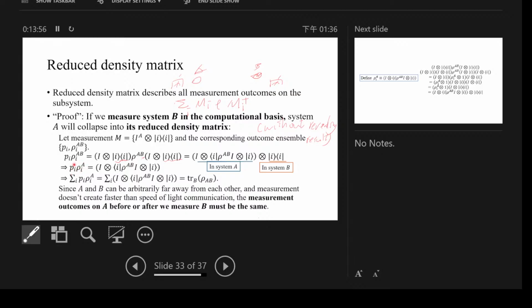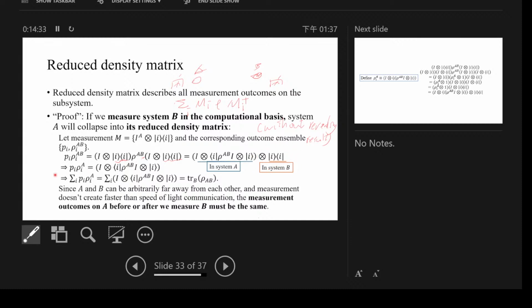So this rho_i means the post measurement state. So rho_AiB is the post measurement state with outcome i, and that is only on the system A, because we see that this rho_iAB is actually a non-entangled state. It's something on system A tensor something on system B, and the system B part only says the outcome is i.